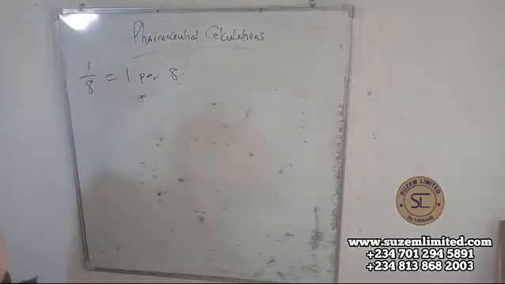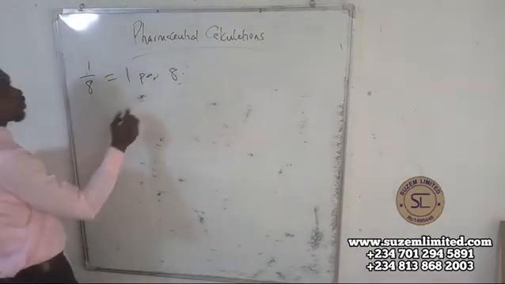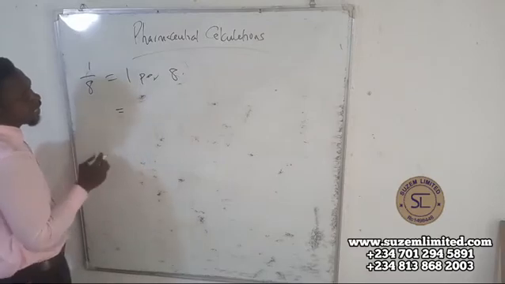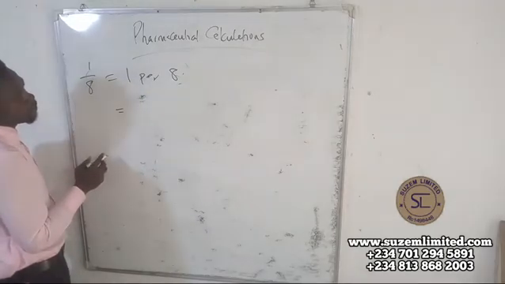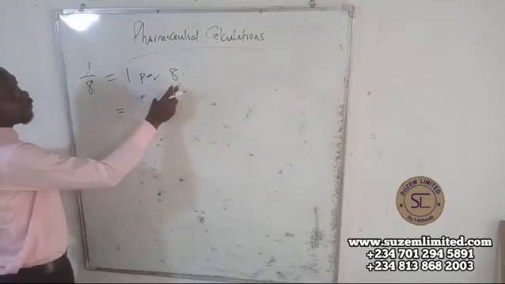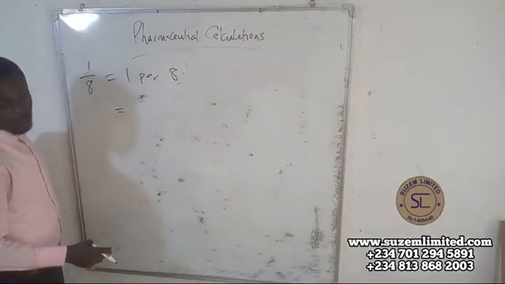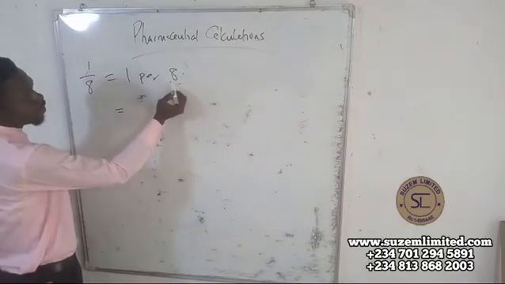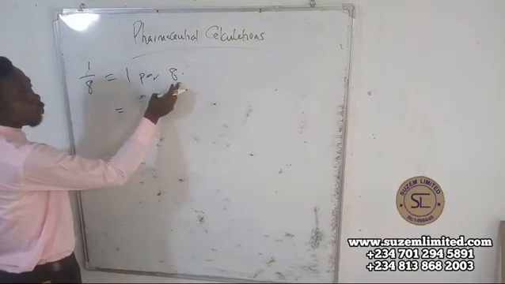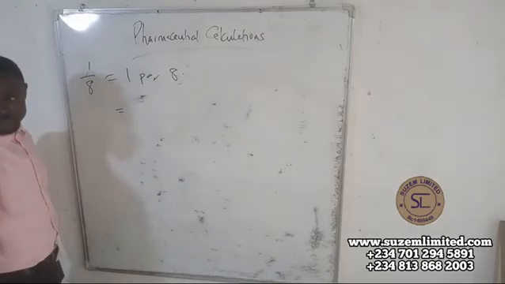Let's go to 4 first. If we put this to 4, how many 4s can we find in 8? 2. We can find 2 4s in 8. So if we are to make this place 4, that means we divide by 2.